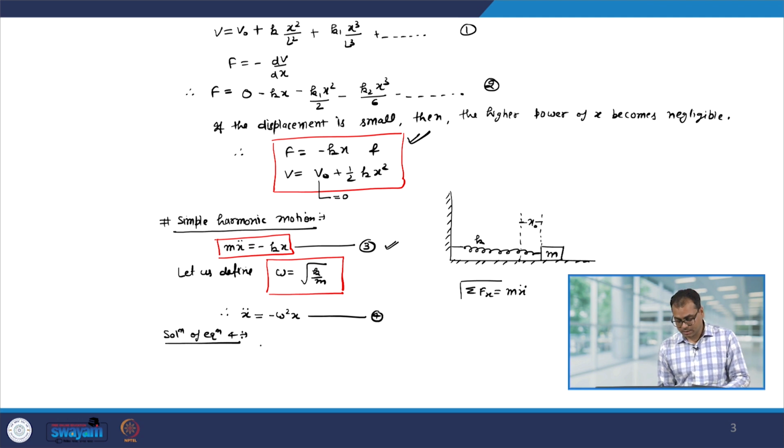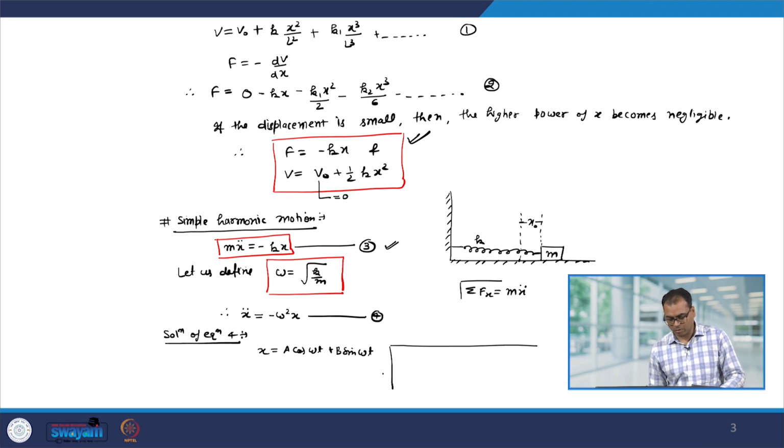Now, its solution will be x equal to a cos omega t plus b sin omega t. Now, we can check whether this solution is correct or not. So, for that let us find out what is x dot. X dot is dx divided by dt.